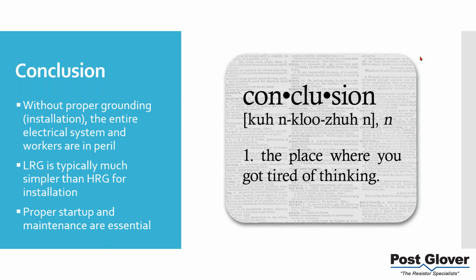So I didn't mention enclosures too much because it's more of a specification than installation. But typically resistors are going to be NEMA 3R. We have certain cabinets that have NEMA 4X rated components and controls, but the resistor itself is typically going to be NEMA 3R.